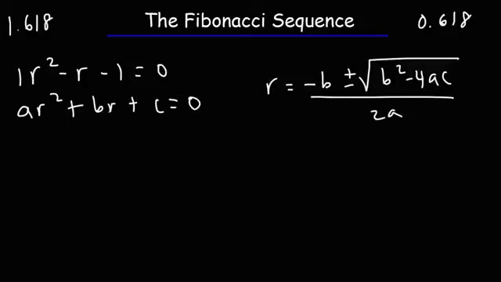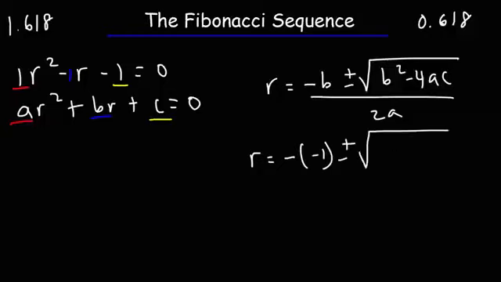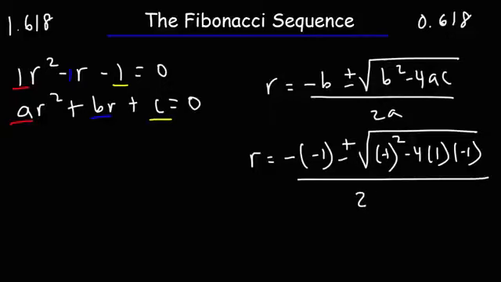So we can see that a is 1, b is negative 1, and c is also negative 1. So it's negative b, and b is negative 1, plus or minus the square root of negative 1 squared minus 4 times a, which is positive 1, times c, which is negative 1, divided by 2 times 1.